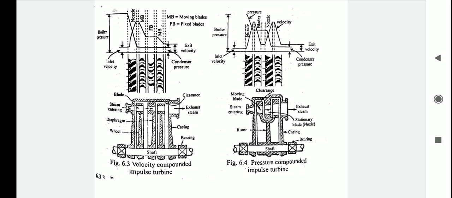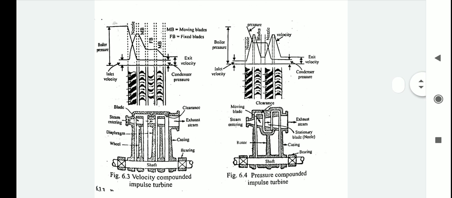It means that due to high rotational speed, all the available energy at the inlet of the machine is not utilized, and is simply wasted at the exit of the machine.